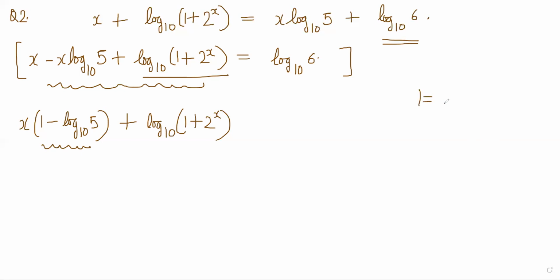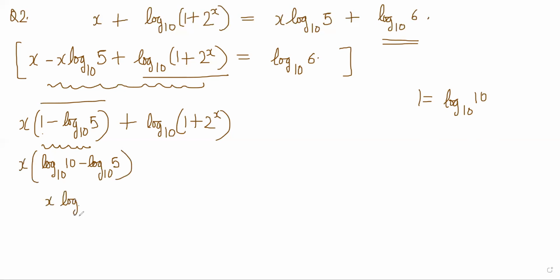One can be written as log 10, 10, right? So if it was log 10, 10 minus log 10, 5, you can write it as one term, right? Yes. Because I'm making it the same base so that instead of writing two terms, I'll have one term. So you can say it is x log 10, 10 by 5, so 2, right?